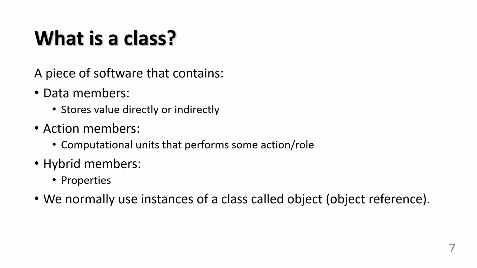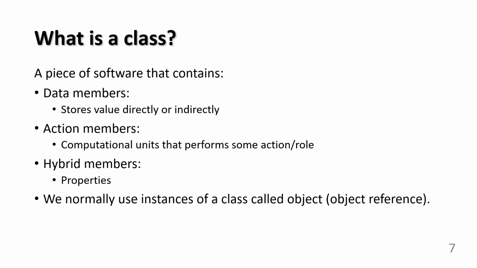Class members, data members. Aswin, what are the class data members? Yes, field is one of them. Field just stores data. What about the other side? We have fields to store the data, and we have action methods, right? Fields and action methods.